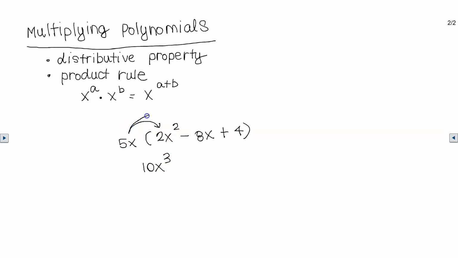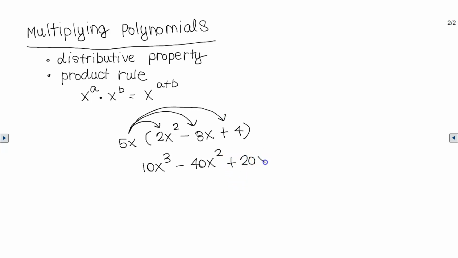Then I'll do 5x times a negative 8x. 5 times negative 8 is a negative 40. And then x to the first times x to the first is x to the second. And then finally, I'll do 5x times positive 4. 5 times positive 4 is a positive 20.